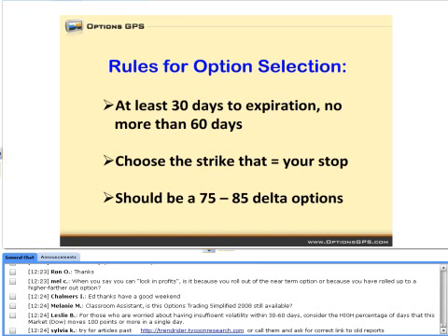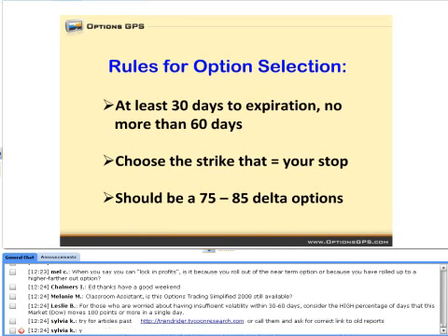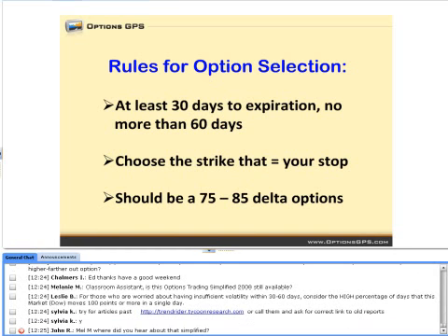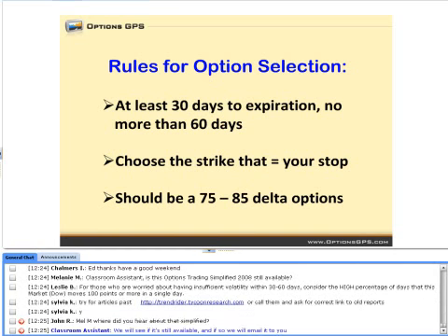If you're in a position, Sylvia, to take an opinion on an ETF, in other words, you're going to make the directional bet, as long as you have that liquidity, as long as you can find these specifications, there's a good chance that your option position is going to be a better choice than your underlying position. Again, there are options on illiquid stocks and illiquid ETFs that are going to be much too wide, and this strategy won't be appropriate.